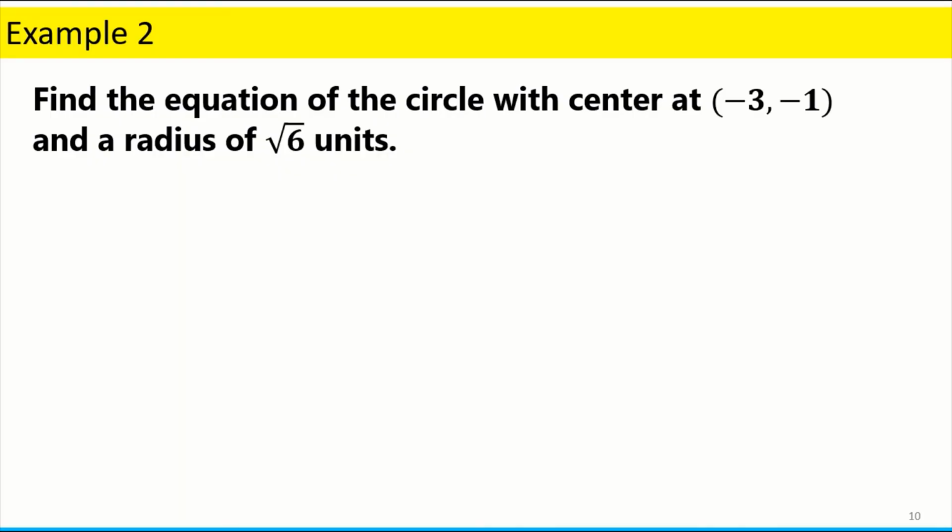Example number 2. Find the equation of the circle with a center at (-3, -1) and a radius of square root of 6 units.